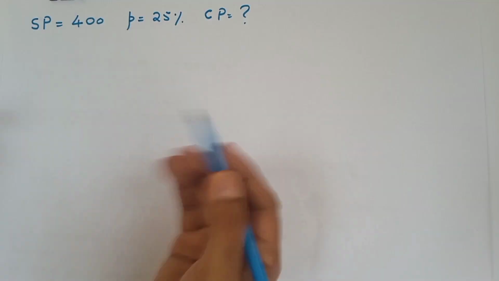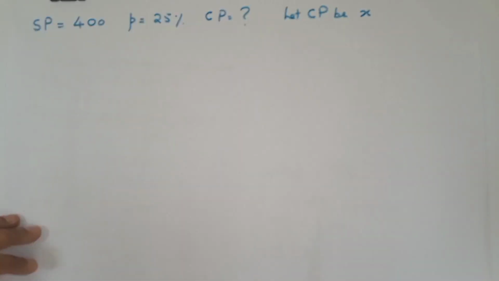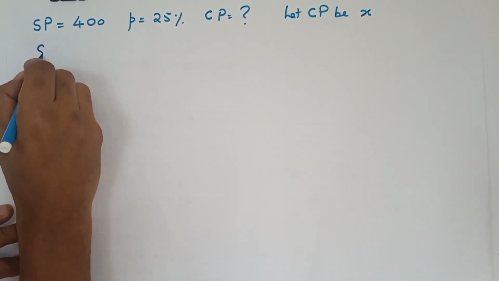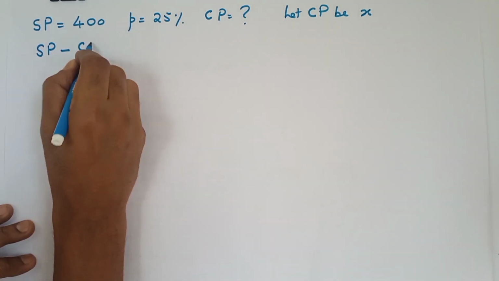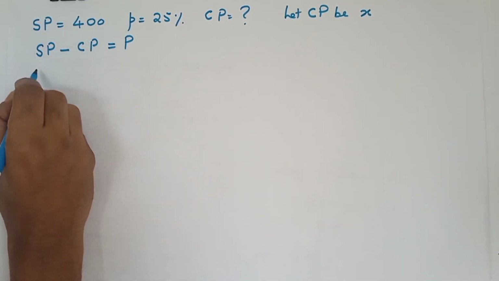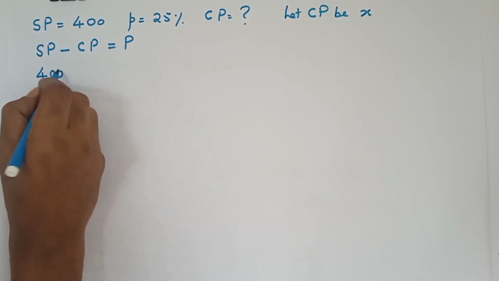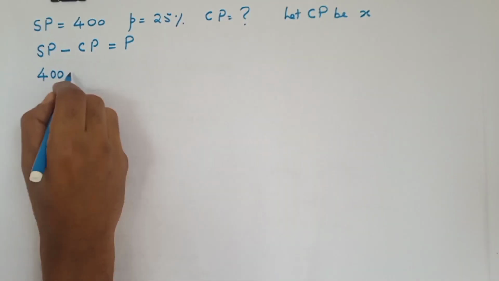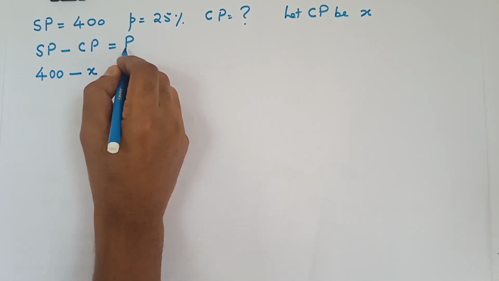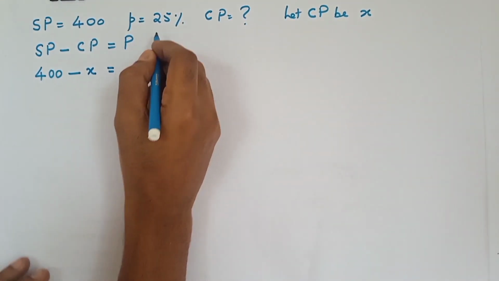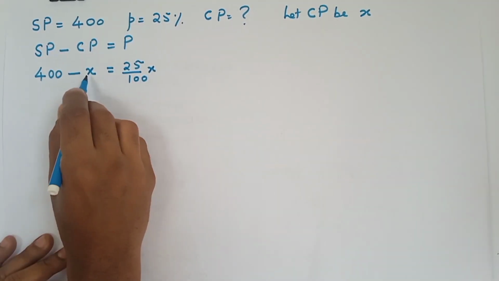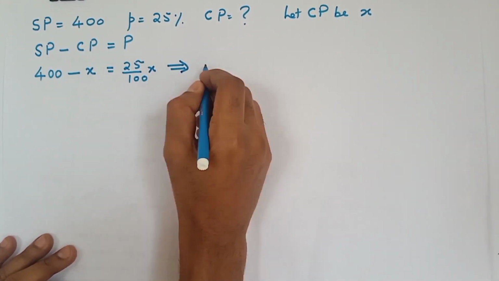To find out CP, let's assume CP is X. Now you write the basic equation, which is SP minus CP equal to profit. Here substitute whatever you know. This is 400, CP assumed to be X. And how do you find out absolute profit from profit percentage? You take 25 percentage of X. Now take X to the right side.